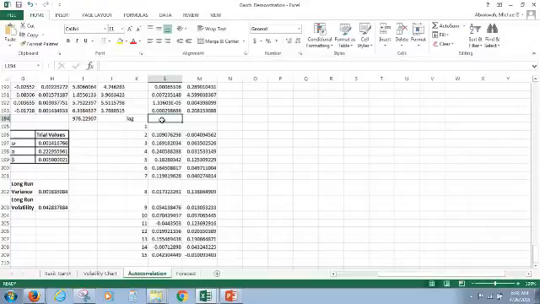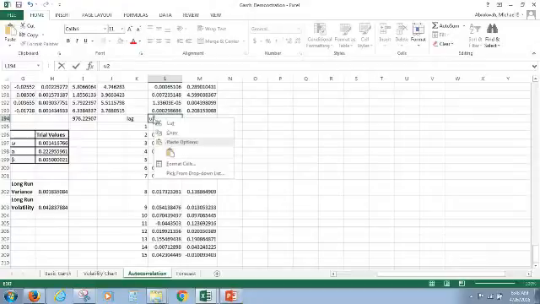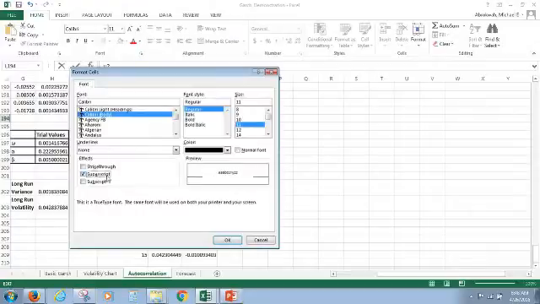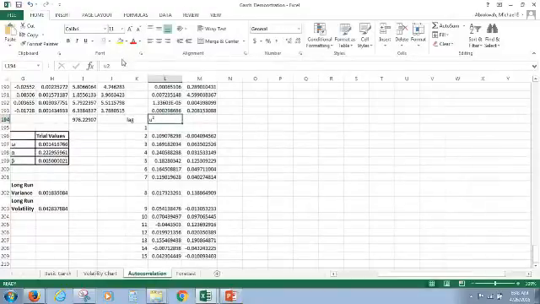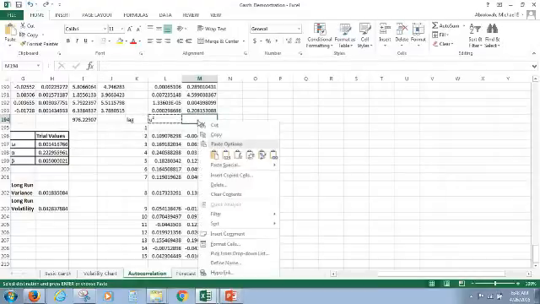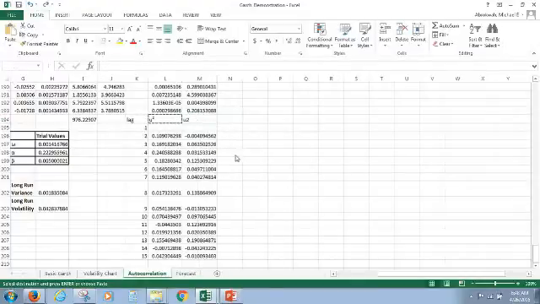So this column is for the squared return, and this column here should actually be for the squared return divided by the variance.